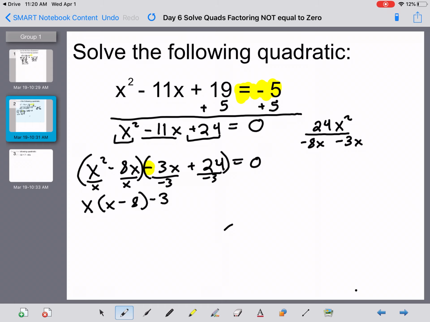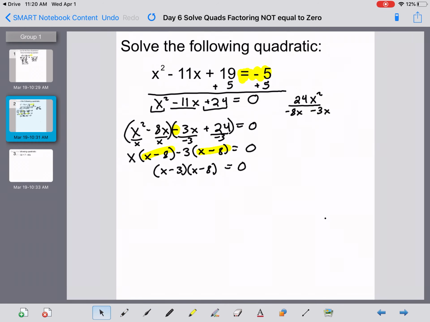So I can divide both terms by negative 3. When I do that, I get x minus 8 still. Now, since my parentheses match, I can rewrite it as (x - 3)(x - 8) equals 0.